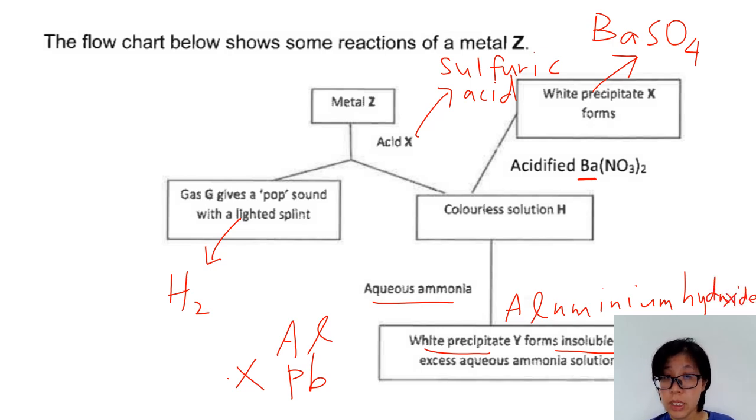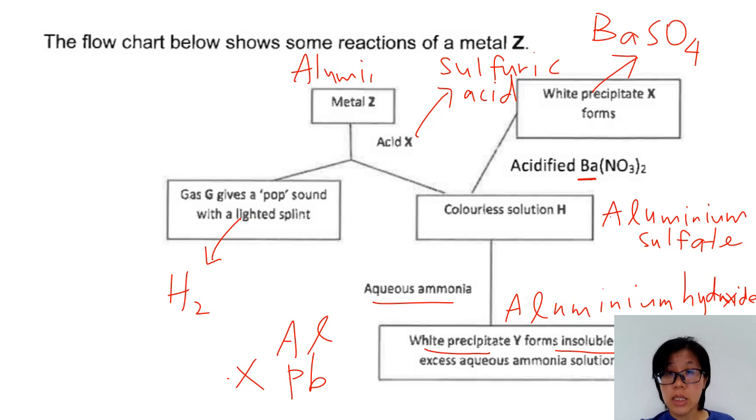Which means this one has to be aluminium sulfate, because after you add the sulfuric acid, this is aluminium sulfate. And to have aluminium here means you must have aluminium here. Okay, in this way you would have guessed whatever you need to guess.